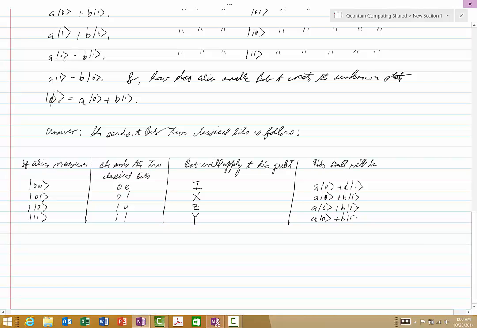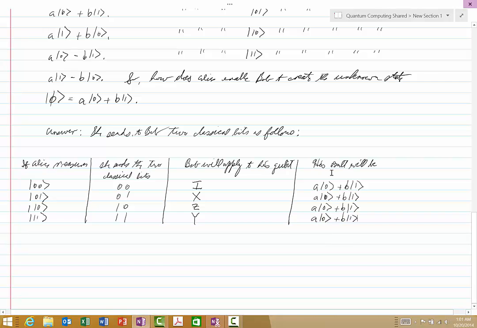So in every single circumstance, even though Alice never knows what A and B are equal to, she does know what she measured, and she can send those two classical bits to Bob, and that tells him what transformation to apply to his qubit to obtain the unknown state phi.